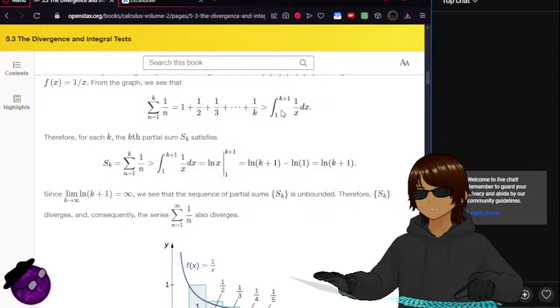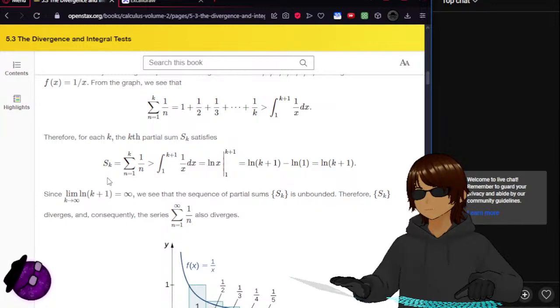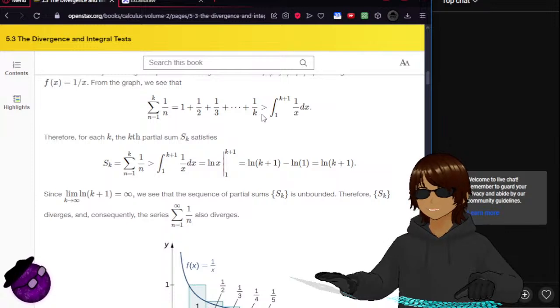Why are we taking k plus 1 and not k? Oh, no wait. This says greater than. It would be greater than the area under the graph of 1 over x.